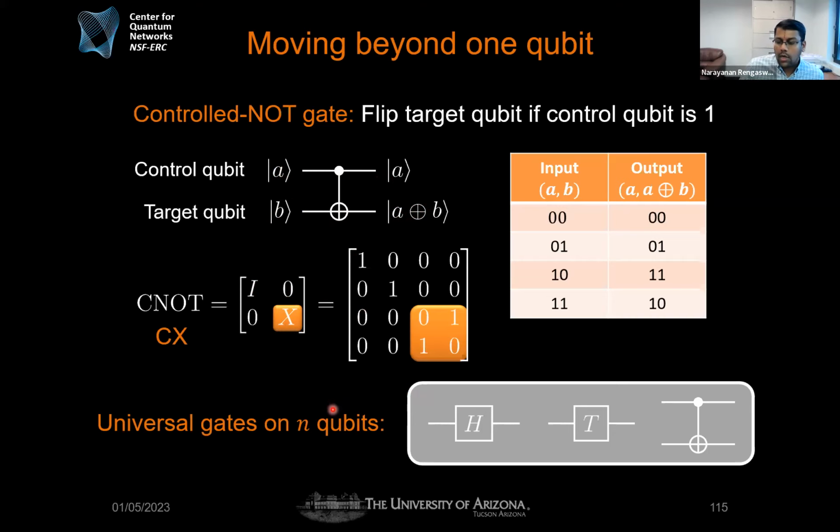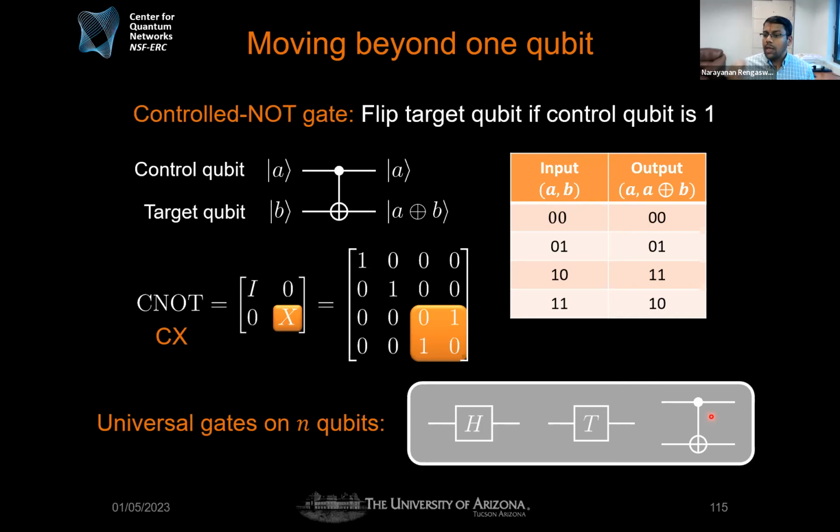And it turns out that if you want to do arbitrary unitary operations on any number of qubits, say n qubits, then you can always decompose that circuit as a combination of Hadamard and T gates on different qubits and CNOTs on different pairs of qubits. Of course, the approximation gets better and better if you do the sequence of operations carefully.